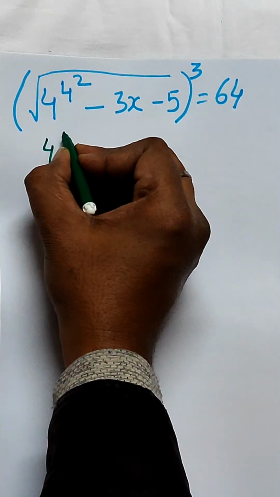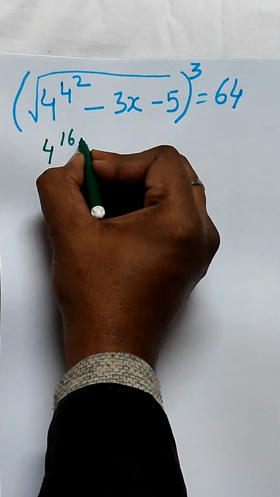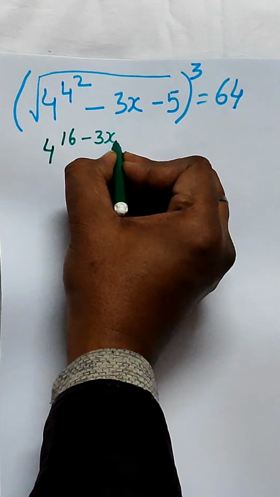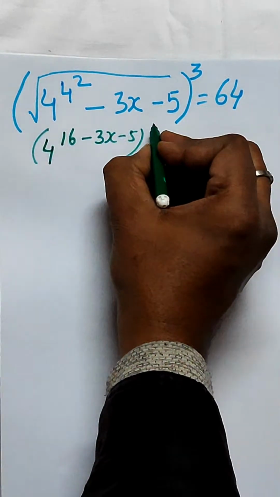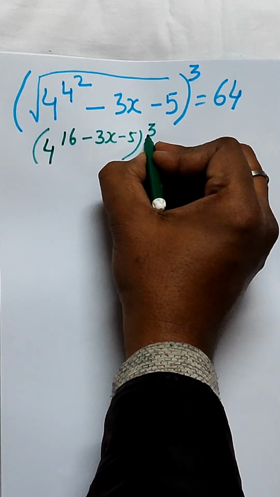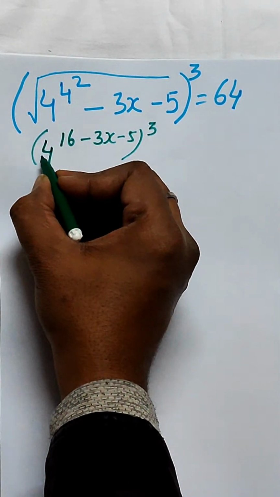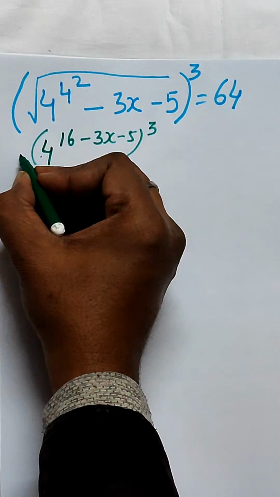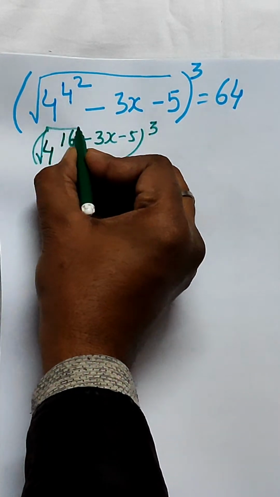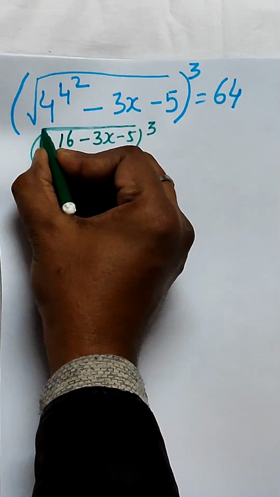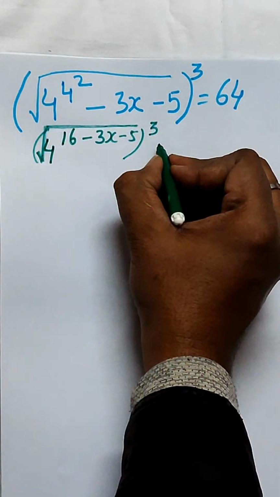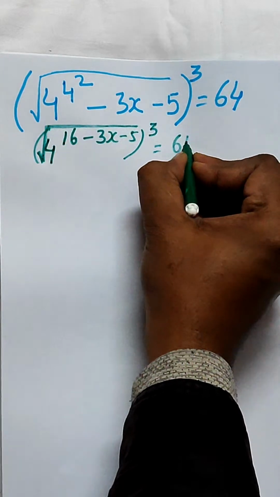So 4 to the power 16 minus 3x minus 5, power 3. But this root is over here, so don't forget to put this root. So this will be coming as 64.